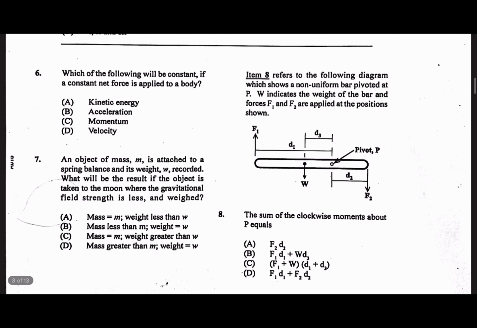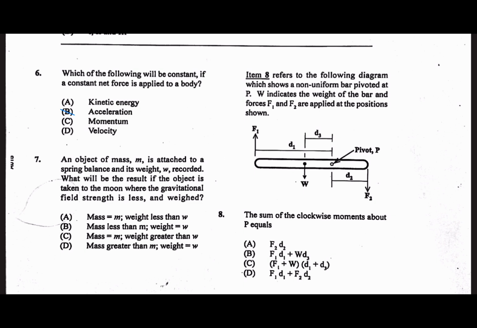Question 6. Which of the following will be constant if a constant net force is applied to a body? The answer would be acceleration. Some of you might be tempted to put velocity, but think of it like this. If you start pushing something, it's going to start off at a low speed, and then it's going to eventually level out, right? So the velocity would not have been constant.